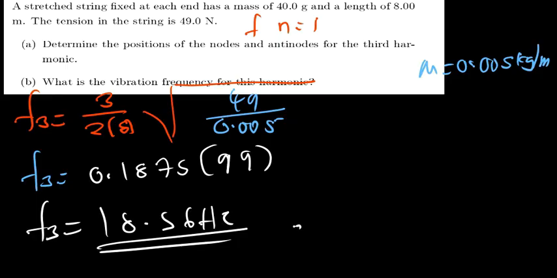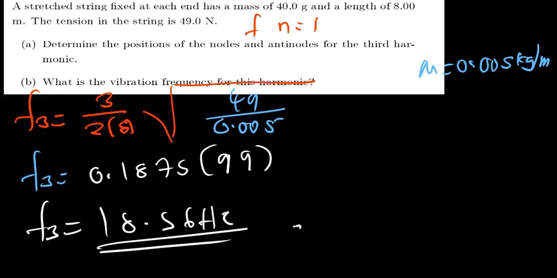So the first part which we had was dividing the linear density. I want to start from there. The linear density was the mass, which is 40 divided by 1000, which is 0.04.